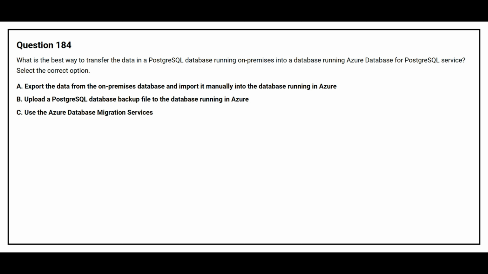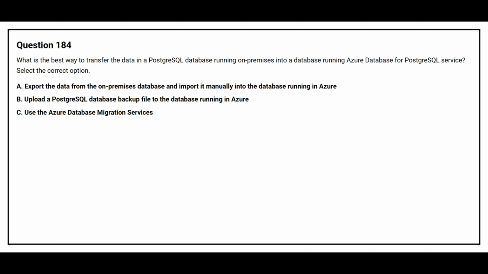Question number 184. What is the best way to transfer the data in a PostgreSQL database running on-premises into a database running in the Azure Database for PostgreSQL service? Select the correct option. Option A, export the data from the on-premises database and import it manually into the database running in Azure.